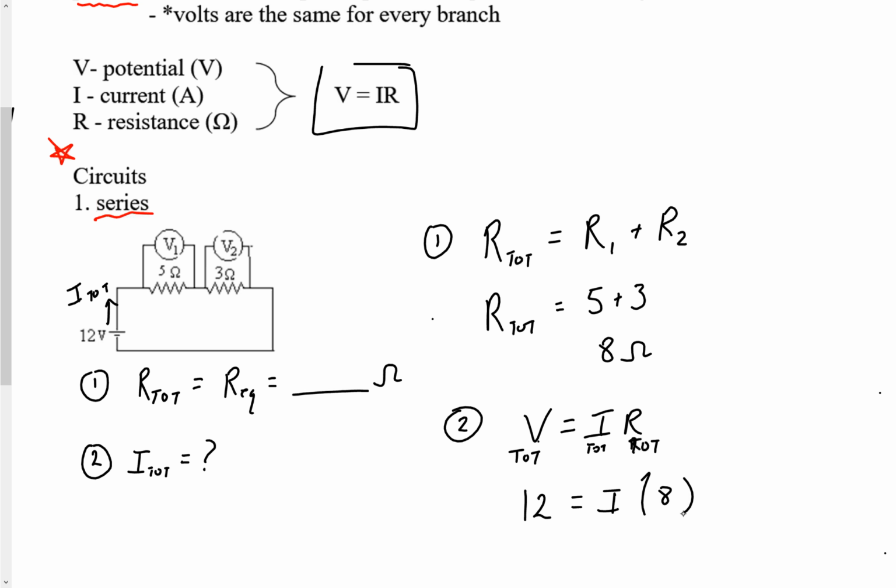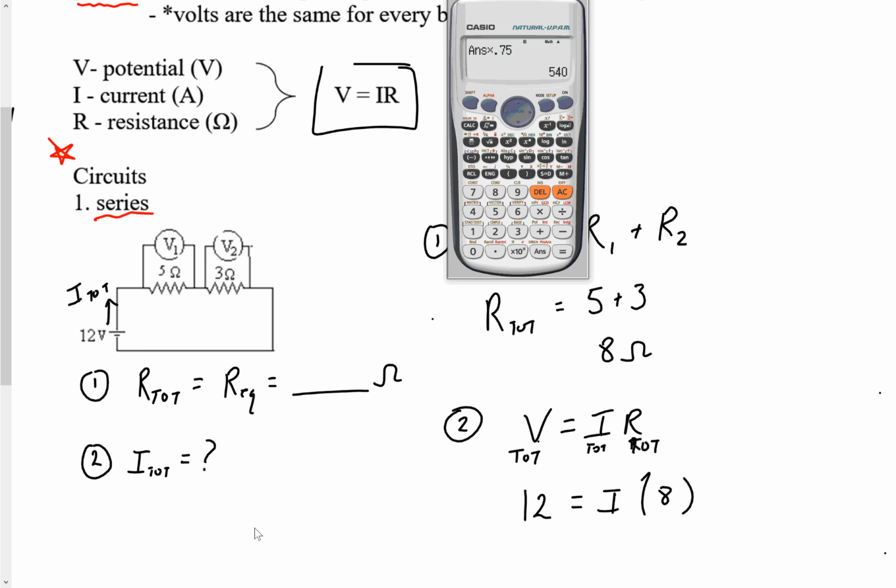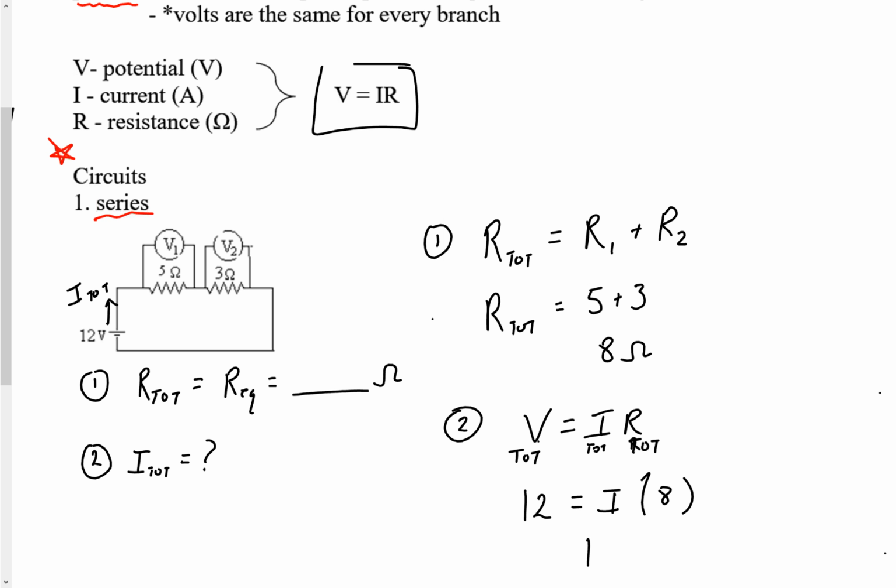So we've got 12 divided by 8. I think we could handle that without the calculator. It's 3/2, or 1.5. So we've got 1.5 amps.